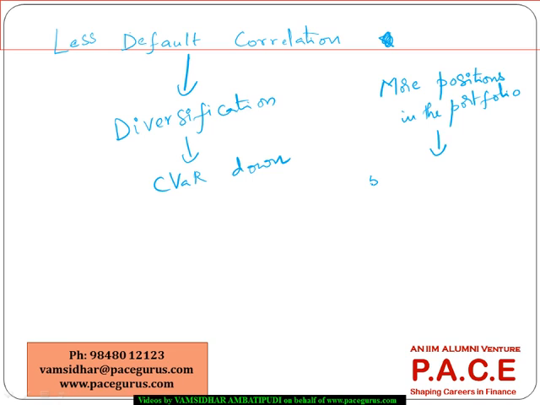So instead of having 50 different credits in the portfolio, if I maintain 500 different credits, that directly adds up to my diversification benefit, and the CVaR, the credit VaR, will still come down.